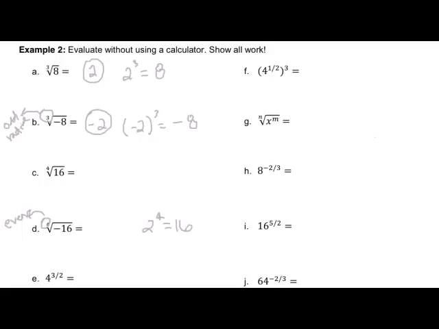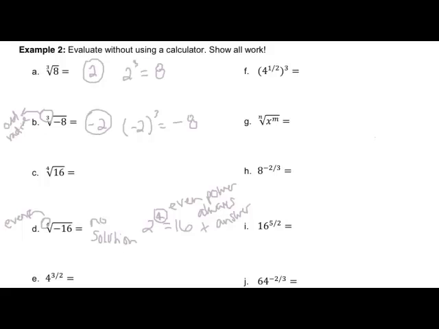And we know that if we have a positive or even power, we're always going to have a positive answer. So if we have an even radical, our answer should always be positive. So this is going to be no solution, because if we have an even power, we'll always get a positive answer. So there's no way that we can get a negative answer.